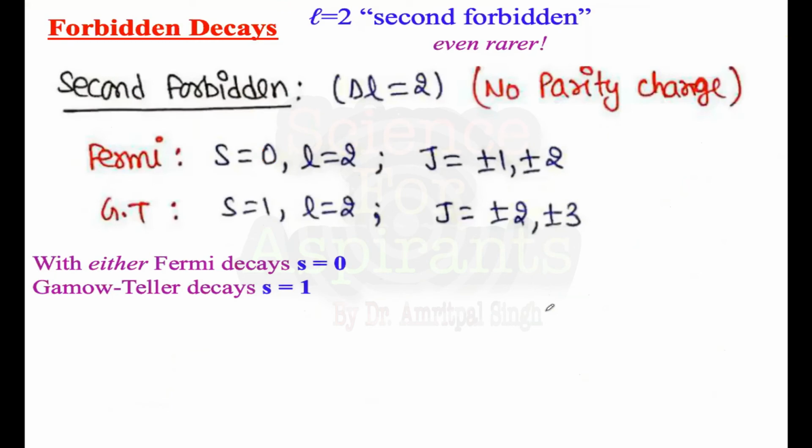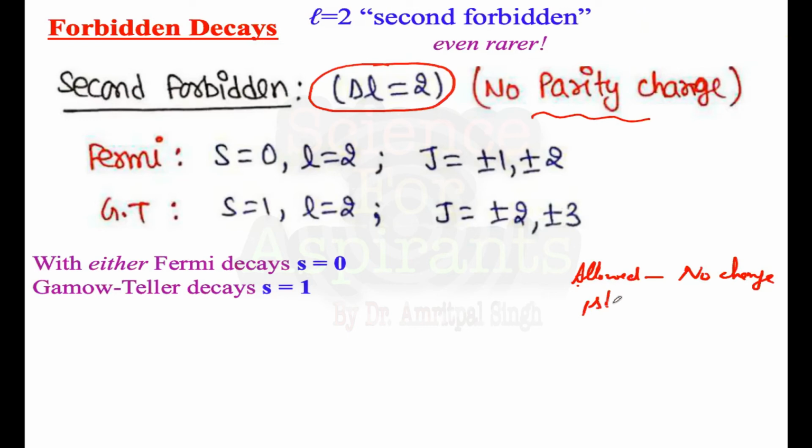So similarly, you can calculate for the second order forbidden transition. In the second order forbidden transition, delta L value is changed by 2, and again there is no change in parity. So the parity concept is something like this. For allowed transition, there is no change in parity.